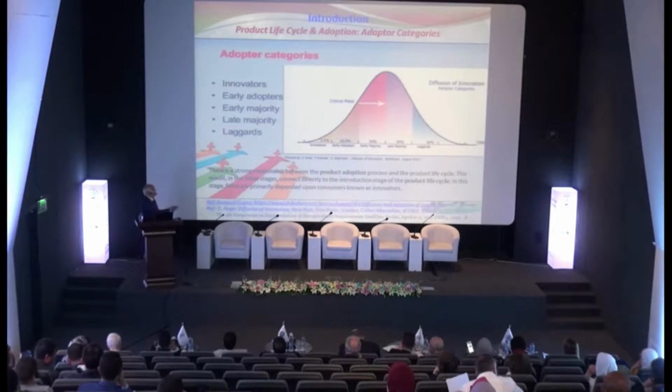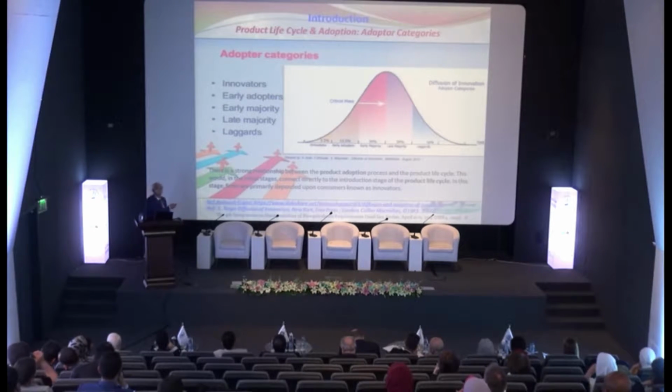You can see here, this part is the innovator company's part, and of course taking a lot of time, but when we compare with the others, we can understand the product life cycle here. And the second part is early adopter part. And third part, early majority. And the fourth part is the late majority and the laggards.